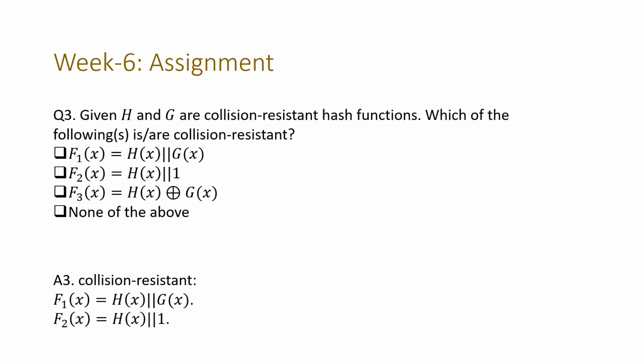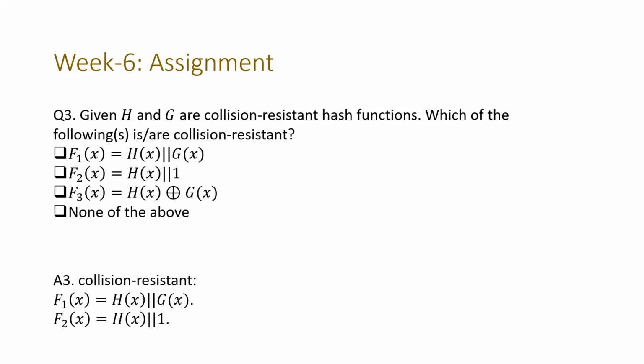And by intuition, you can see even if G and H are distinct hash functions, it can be the case that there are in fact multiple instances of x for which H of x and G of x values could be the same, because the collision resistance property of individually H and G does not anyway ensure collision resistance of F3, right?